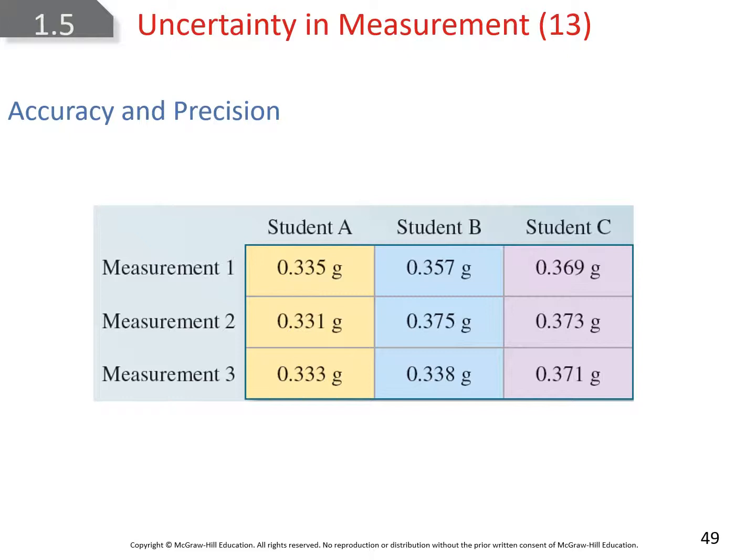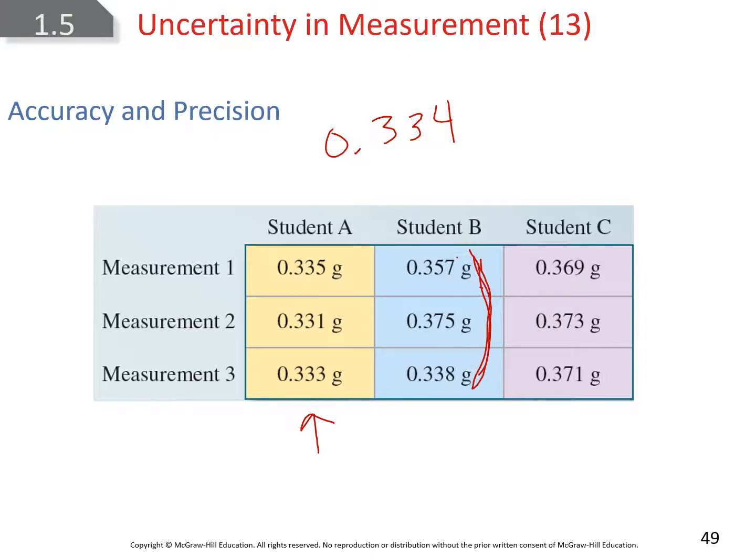So here's just an example. We have student A, student B, and student C. Which one was the most accurate? Well, let's just say our number to be accurate was 0.334, the measurement they're trying to get. Let's just pretend, okay? So the one that was most accurate was student A. Student B, well, gosh, these measurements here are way off.